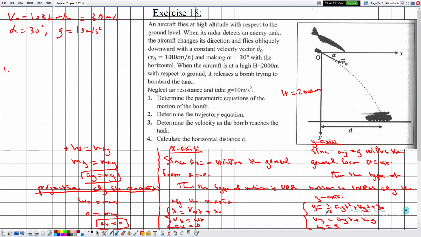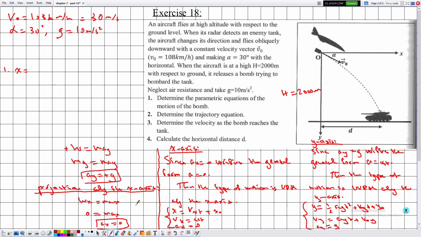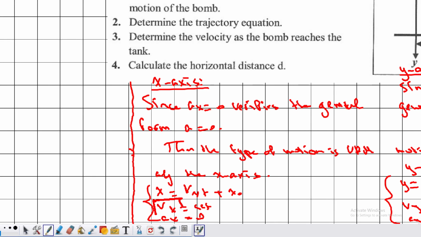Now let me rewrite these equations considering the correct projections. So let me start with the x component. Notice that in this case v_x is constant, which means that v_x can be determined at any instant.